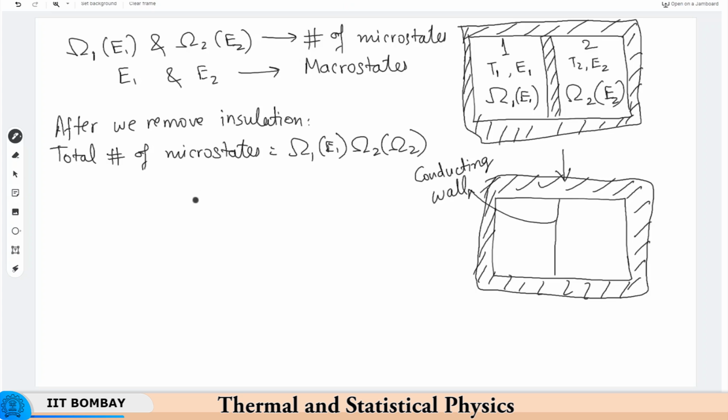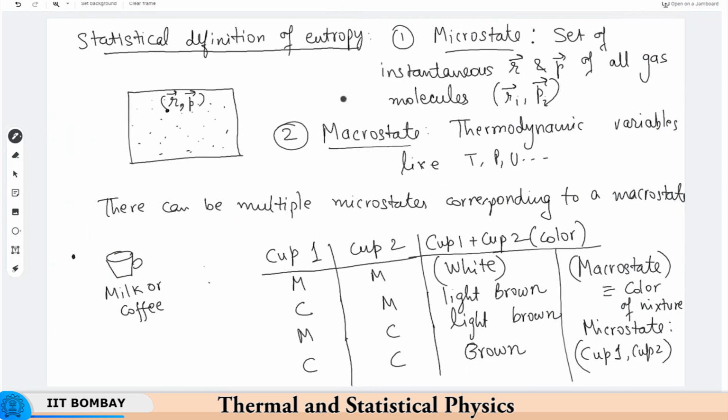Now, what is the condition? Like I said, from thermodynamics we know that the equilibrium is established when the temperatures become constant. But what happens to the microstates, right? And as you can imagine, let me go back to the coffee and milk analogy.